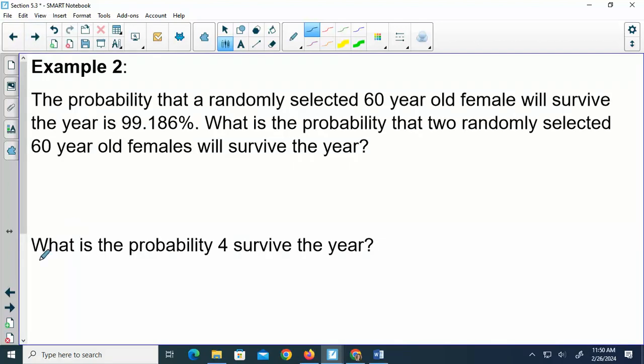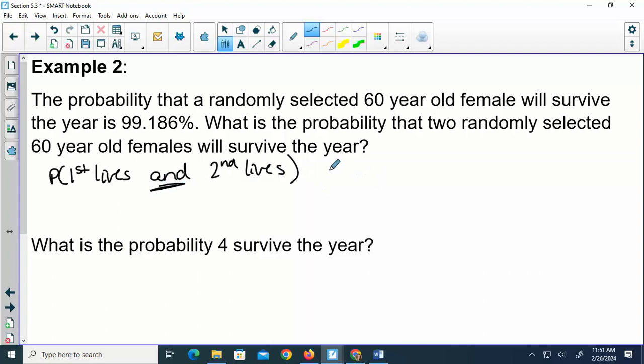The probability that a randomly selected 60-year-old female will survive the year is 99.186%. What's the probability that 2 will survive the year? So what would I do? Yeah, I want the probability the first lives and the second lives.